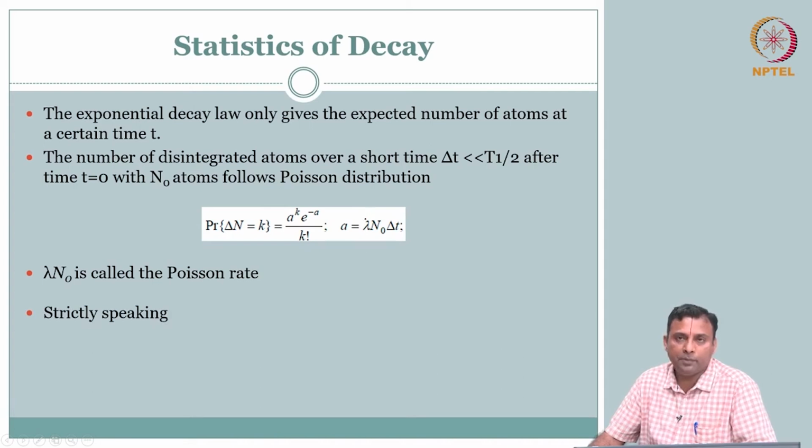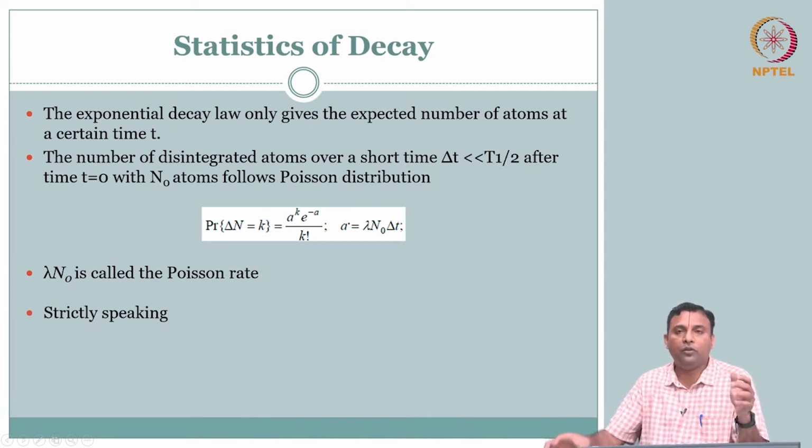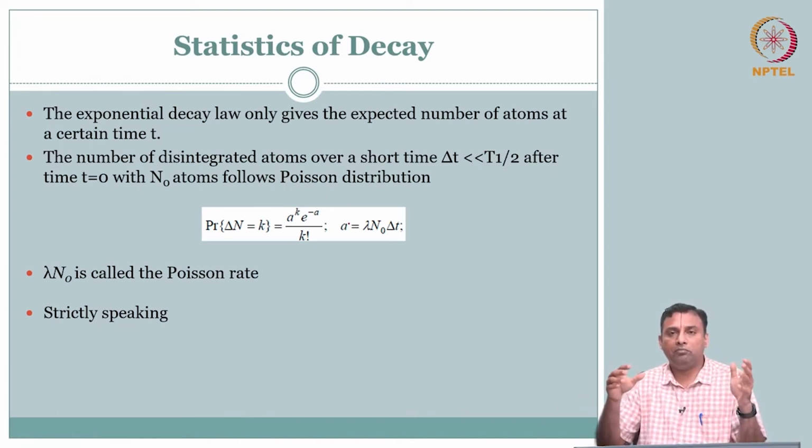But really speaking, what do we know from our previous module? Lambda is your decay rate, and T half is the half-life.